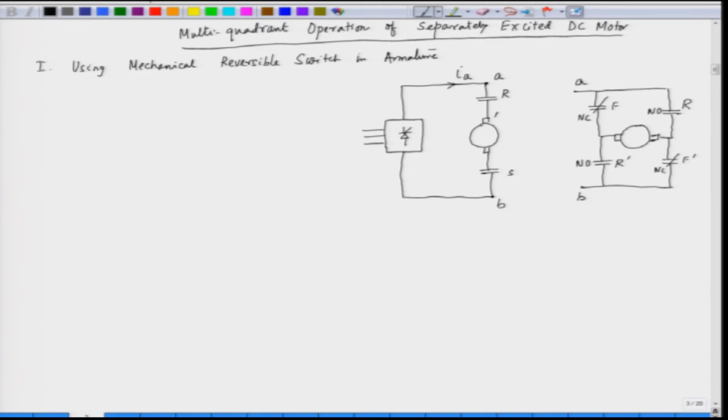For example, if we have A and A prime here, A prime is connected to A and A is connected to B if R and R prime are on. So, what we do here is the following. We go from step 1, which is called forward motoring.